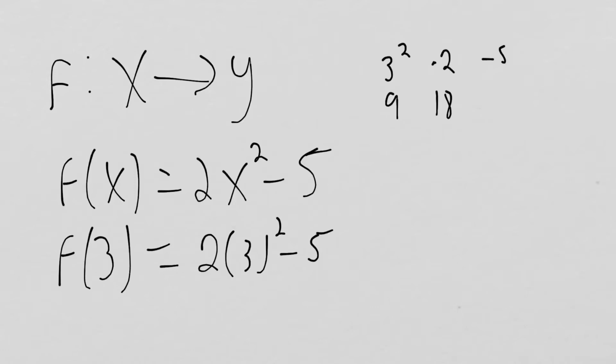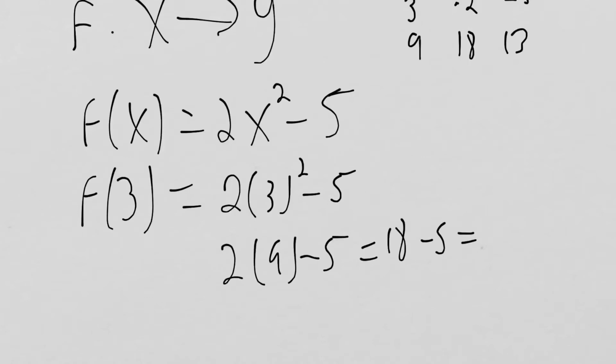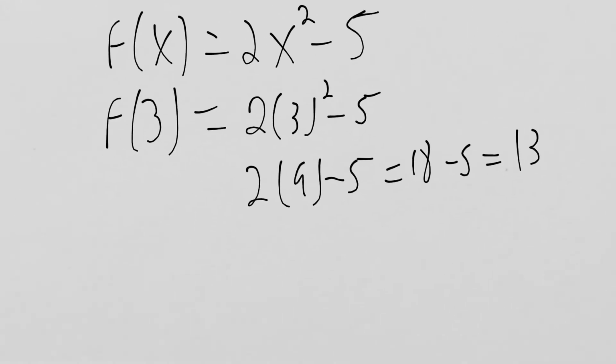And then we're going to subtract 5, which gives us 13. So we do 2 times 9 minus 5, which gives us 18 minus 5, which gives us 13. So what this function did is it mapped 3 to 13. Okay, and it will map other inputs to other outputs following these operations.